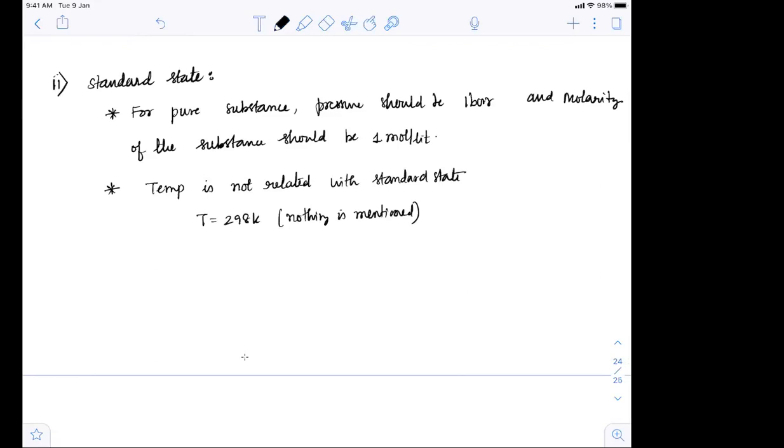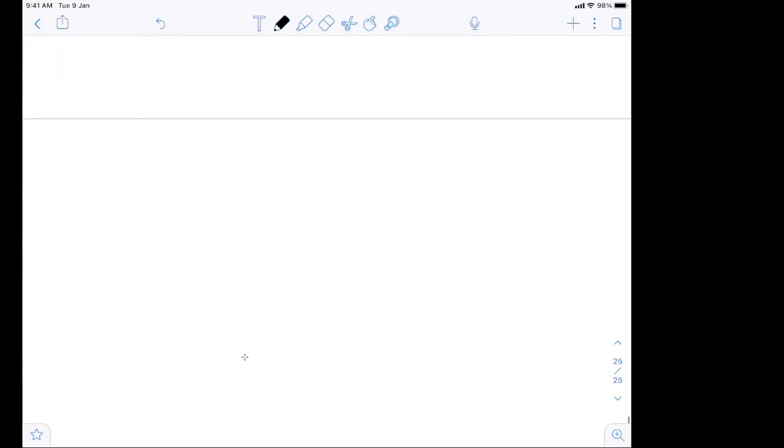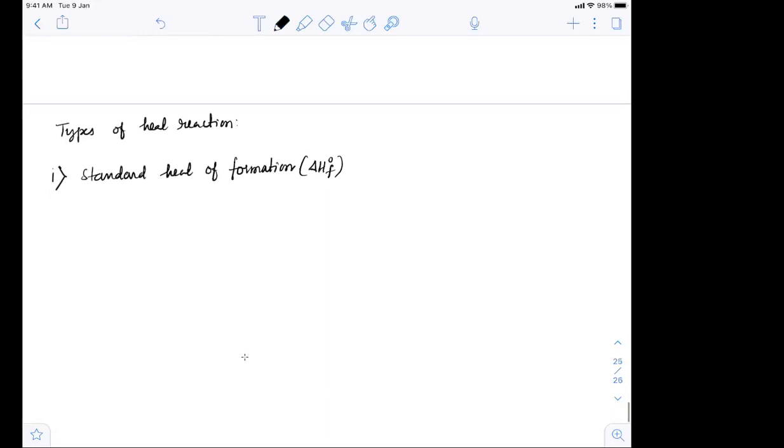So let's see what are the types of heat of reaction. The first type, which is a very important kind, is the standard heat of formation, which is written as delta H of formation, like this. What does it tell?